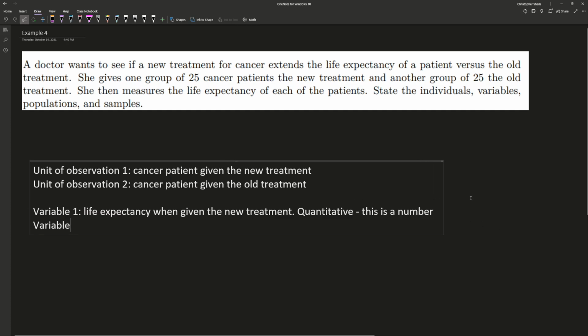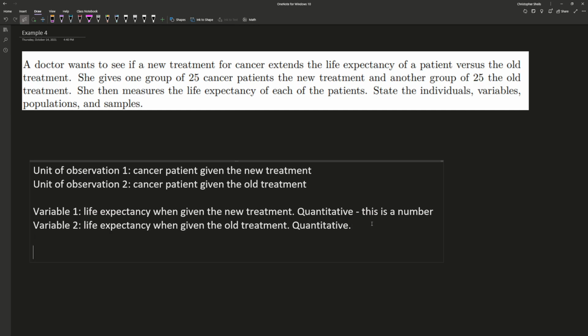I can't expand this. Okay, I can expand it more. There we go. Now variable 2 is going to be the life expectancy when given the old treatment. This again is a quantitative variable.